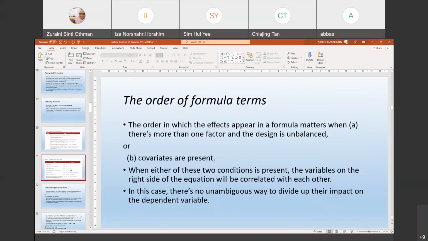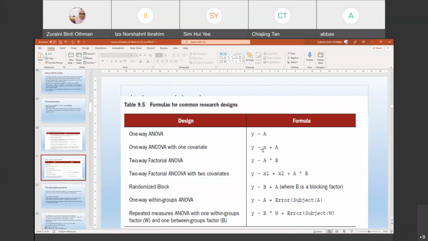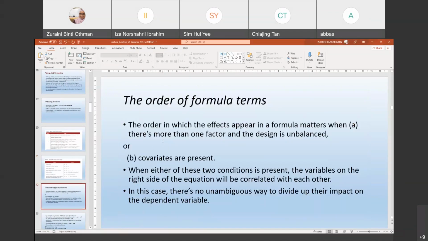Okay, this is how we can create the formula. Like previously we learned about algebra, manipulating algebra, we know that we have to calculate the sum in the brackets first, then multiplication or division, then plus and minus. That's also true for this formula: it has an order.